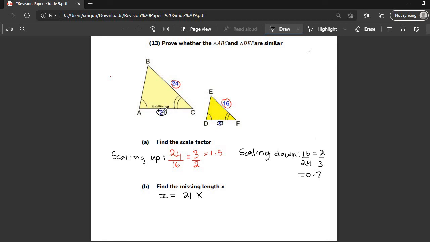So we're scaling down, in other words, 21 times 2 over 3. I can say 3 into itself one time, and 3 into 21 would be 7. So 7 times 2 would give us 14. And that's basically it.